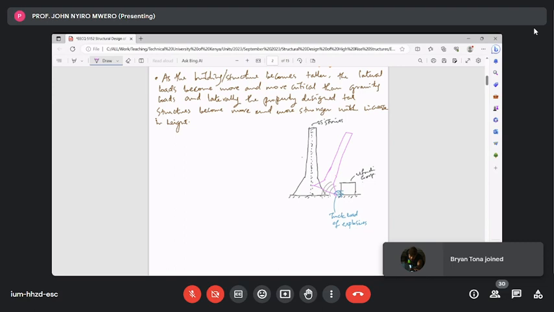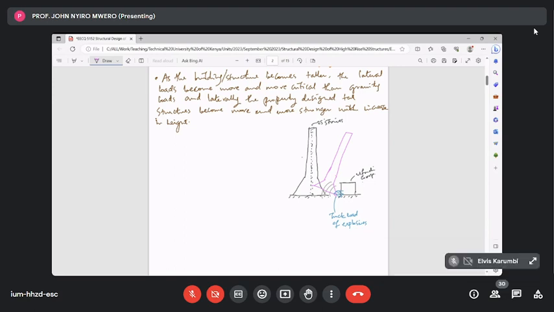And if that had worked, the damage would have been astronomical. All the buildings here, all the way to Harambee Avenue, would have probably been flattened.